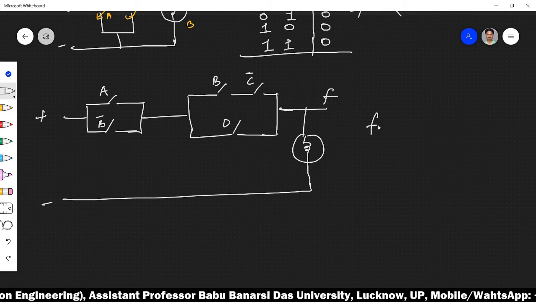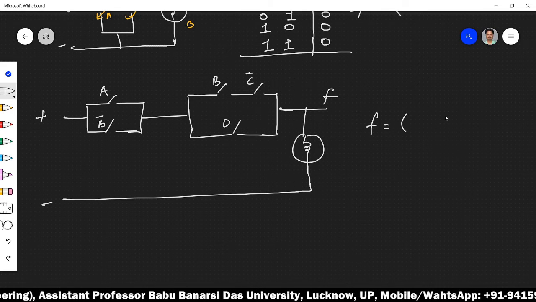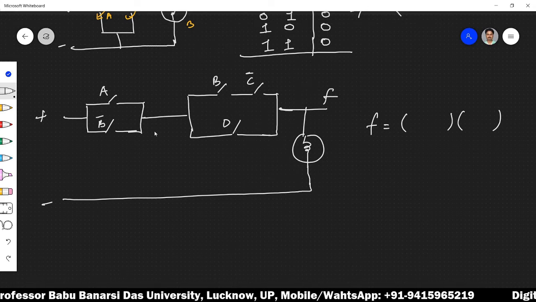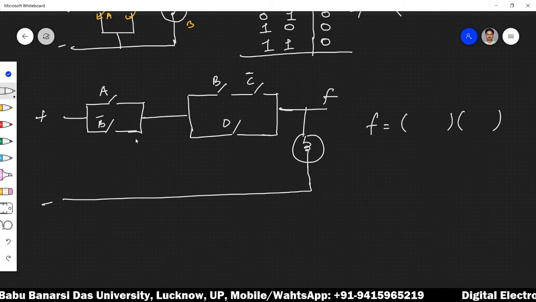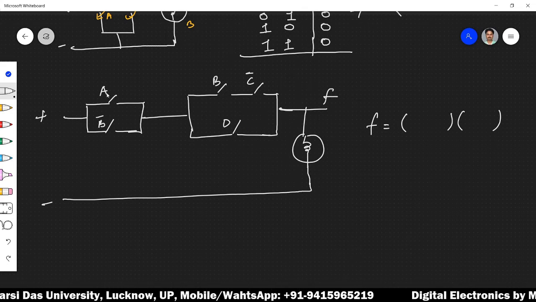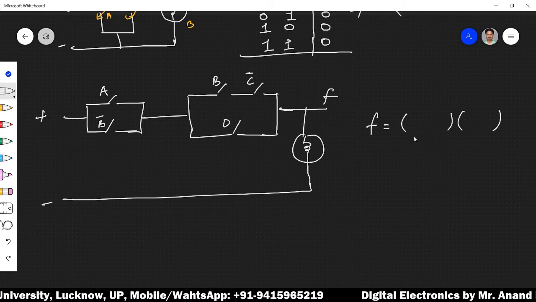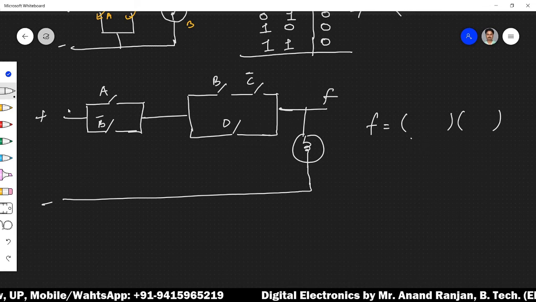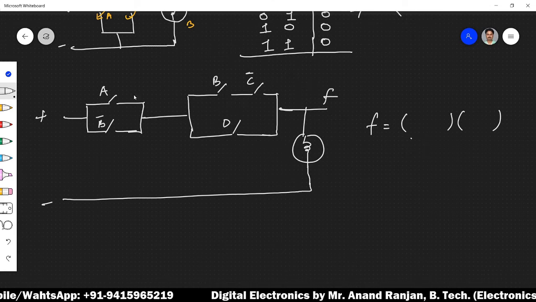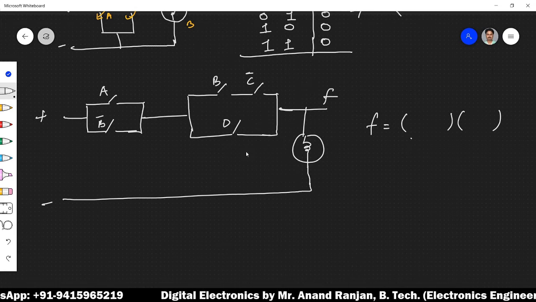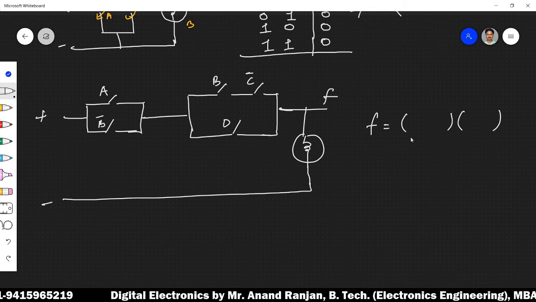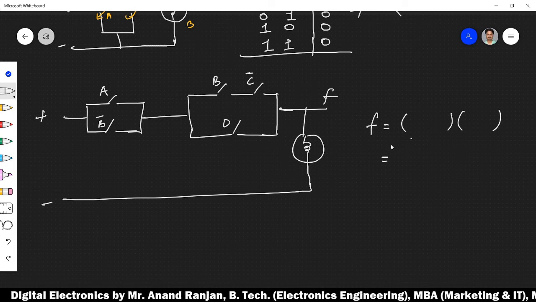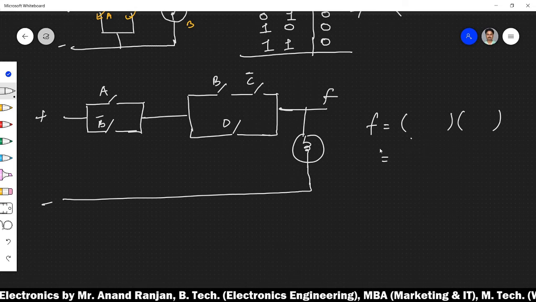If somebody asks you to write the function F so that this bulb will glow, then of course you will have two different parallel arrangements. That's why I am writing these two blocks here. One will represent the logic condition for the bulb glow here, and another will represent the logic condition over here.